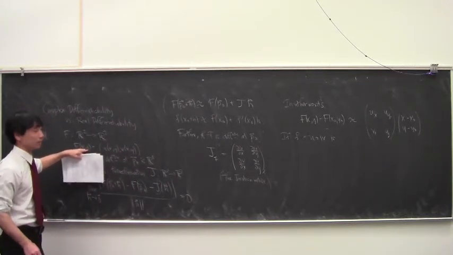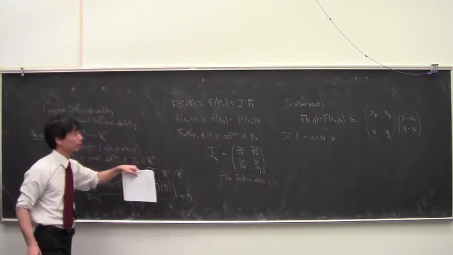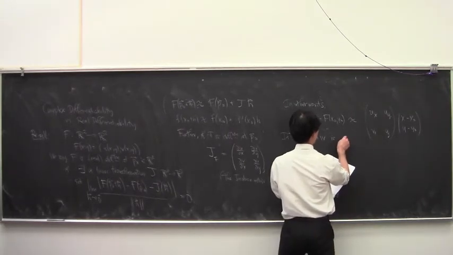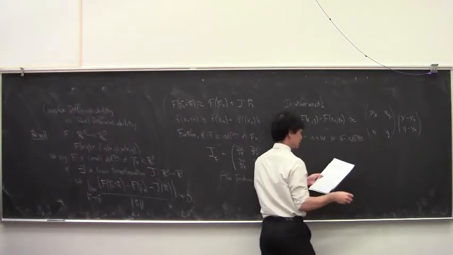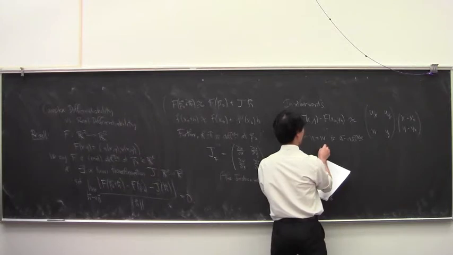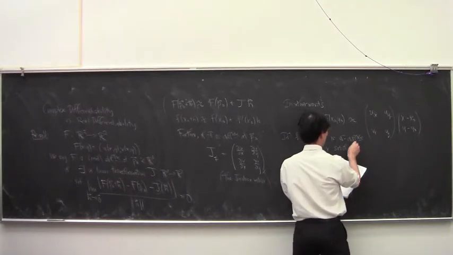It corresponds exactly to this real function F being u and v. Now, if this thing is complex differentiable, then what does that say? That says that u and v satisfy the Cauchy-Riemann equations.